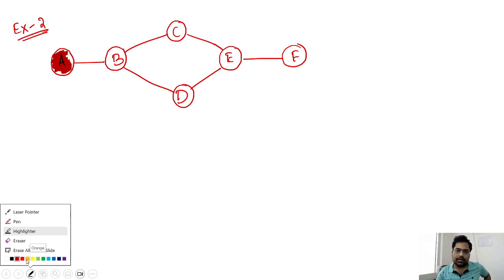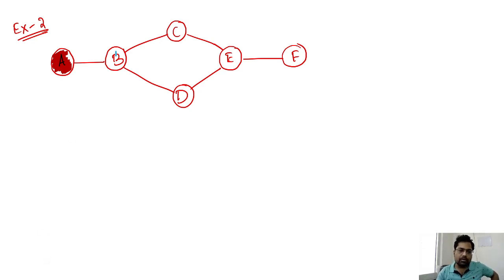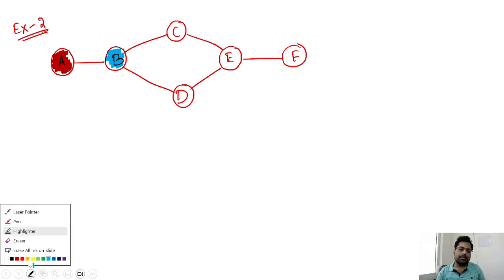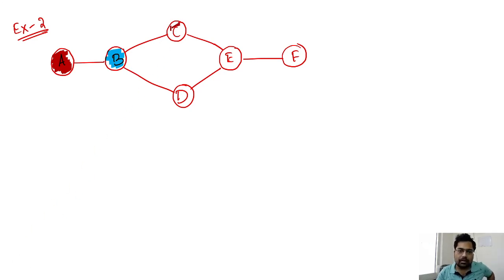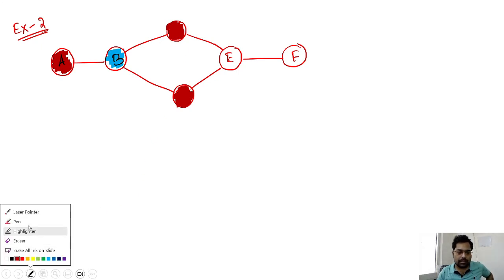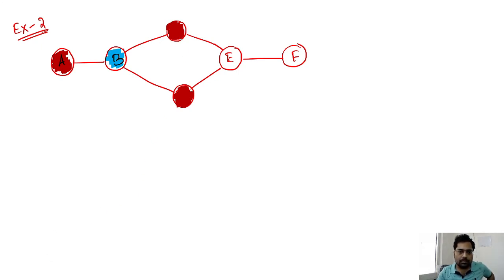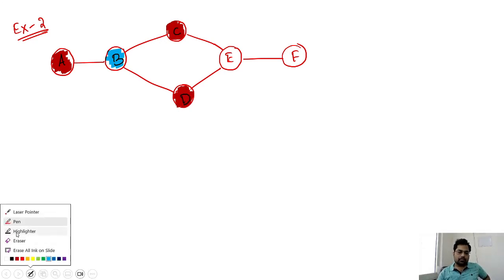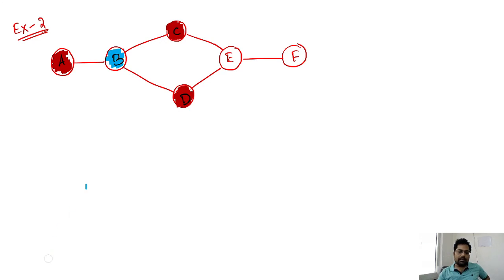First we started from A. Once we started from A, the starting vertex will be considered as red, the next will be considered as blue, so I kept this as blue. The immediate connected will be considered as the previous color, which is red. So here C and D we colored, here C, here D. Now the next immediate will be colored as blue.